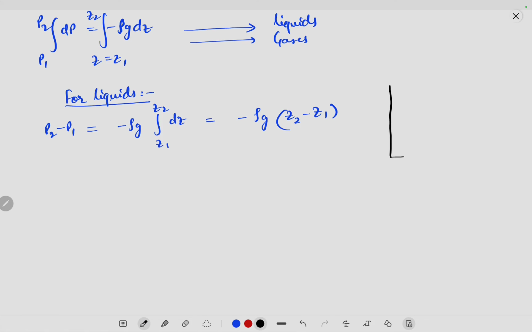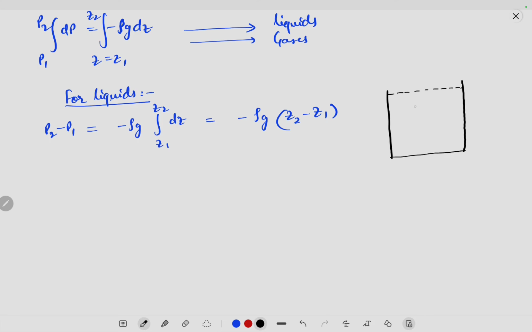Let's say you have a liquid in some container, let's say it is filled till some height h.